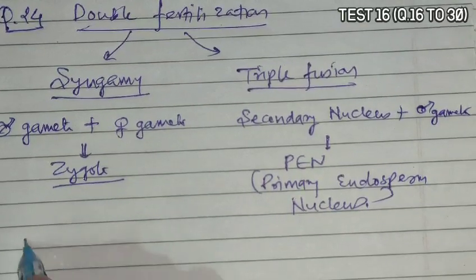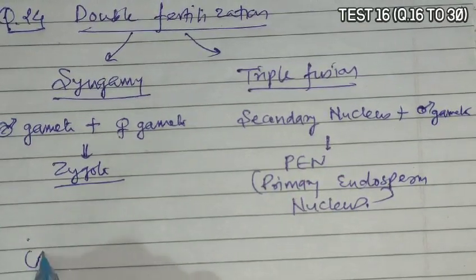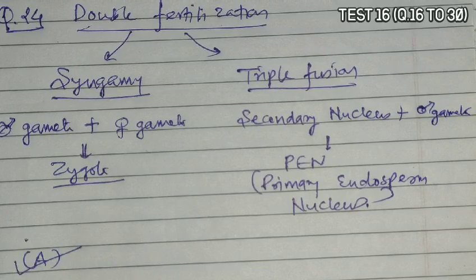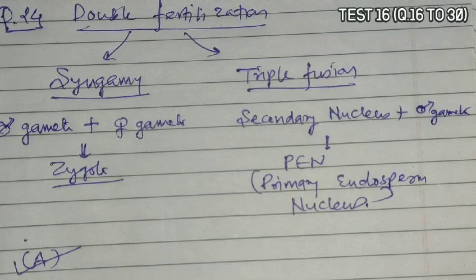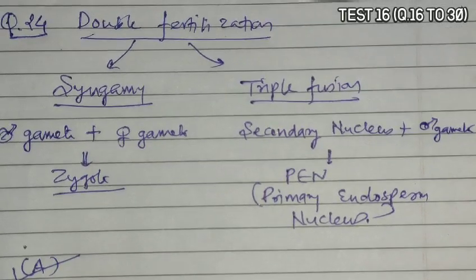So according to this, option A is correct, which says one male gamete with the egg and another male gamete with the secondary nucleus fuse, and that is known as double fertilization.